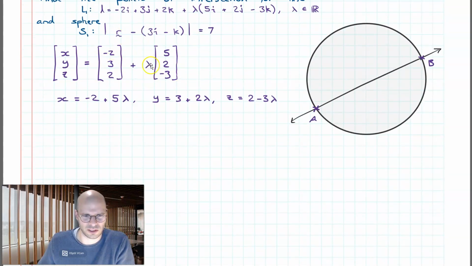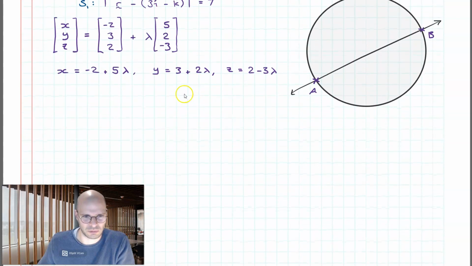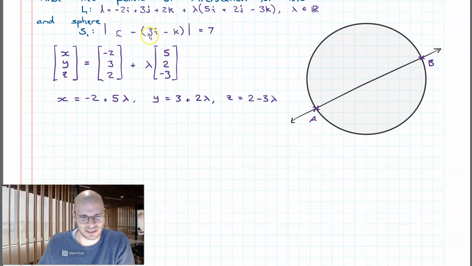Next, we need to convert the sphere into its Cartesian form such that it's actually useful. Okay, so what we find is that this is the center of the sphere here, so 3i minus k. It's in its component form, so I'll convert it to a row vector, and this is the radius here.